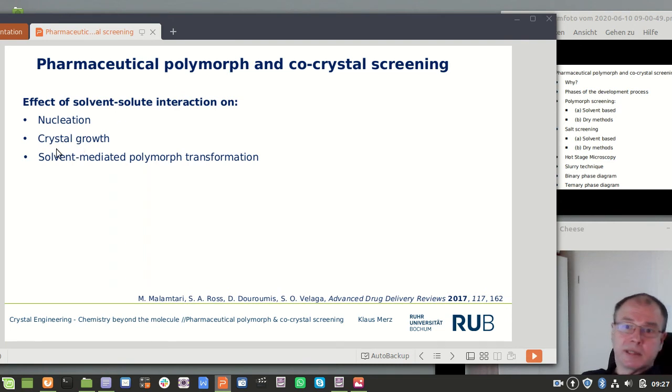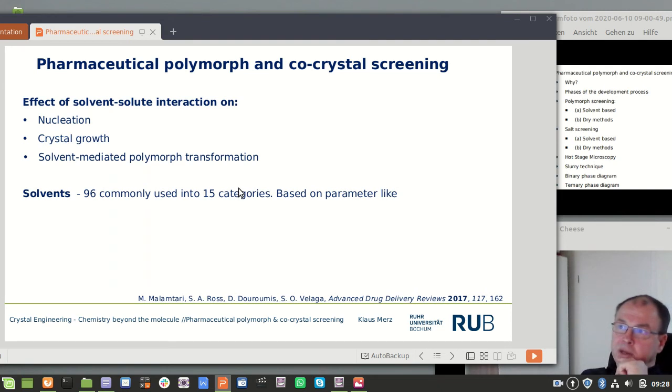This is interesting when you look at crystal growth, in which direction of the cell axis, for example, your crystals grow. This strongly depends on exactly this solvent-solute interaction. And solvent-solute interaction has an influence on solvent-mediated polymorph transformations, so in the solvent, switching from one polymorph to the other.